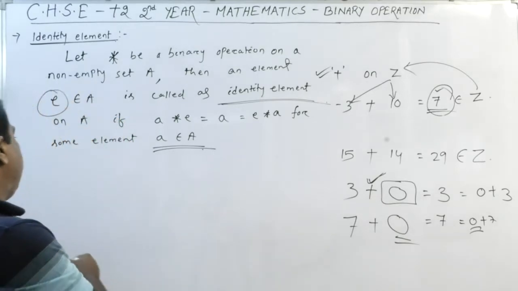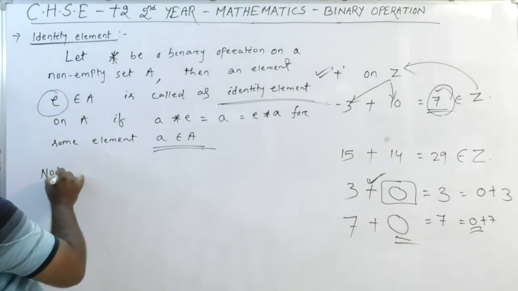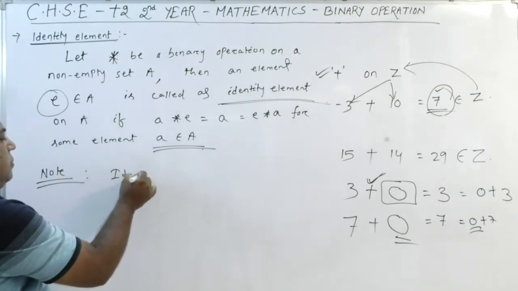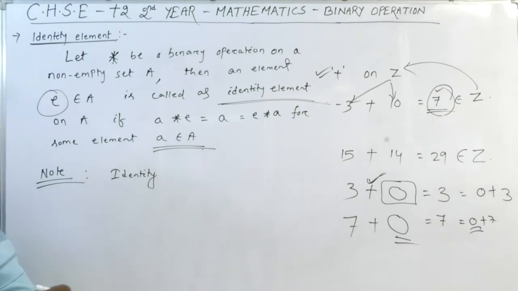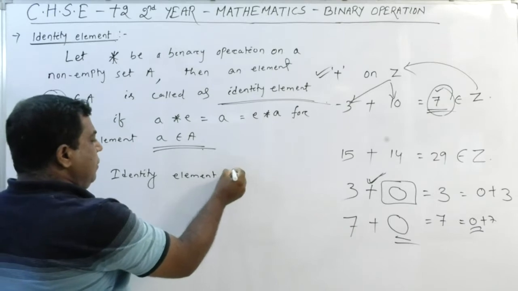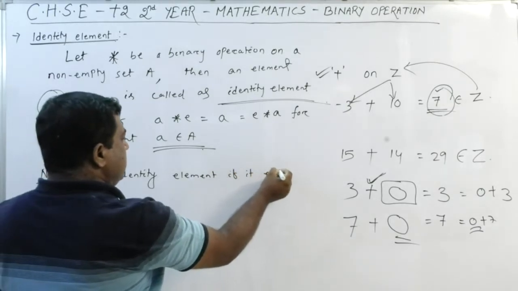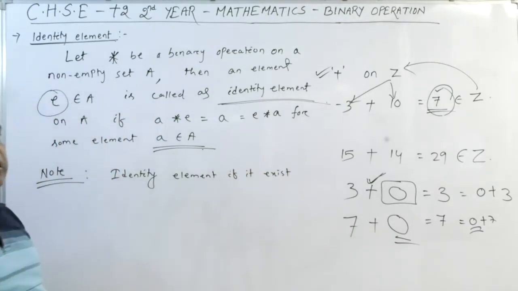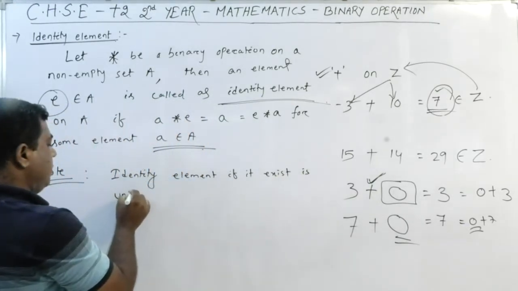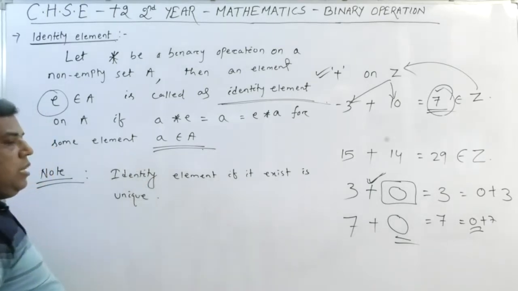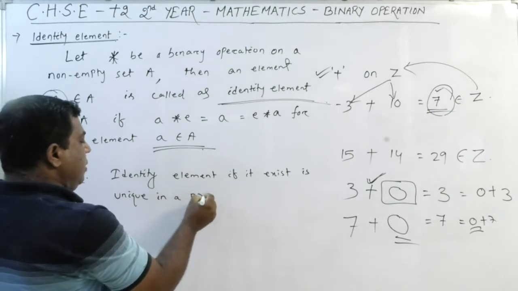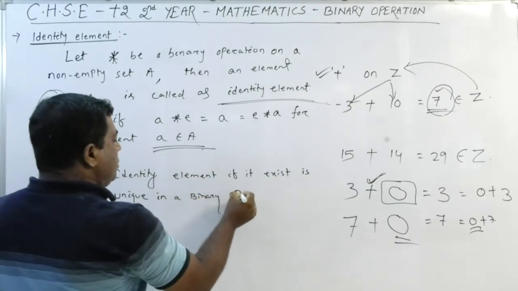So I can make it as a note. The note is: identity element, if it exists, is unique in a binary operation.